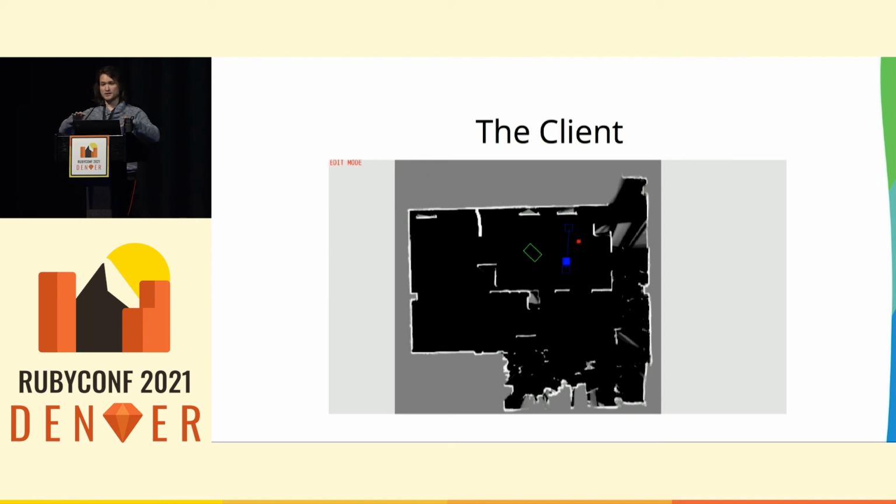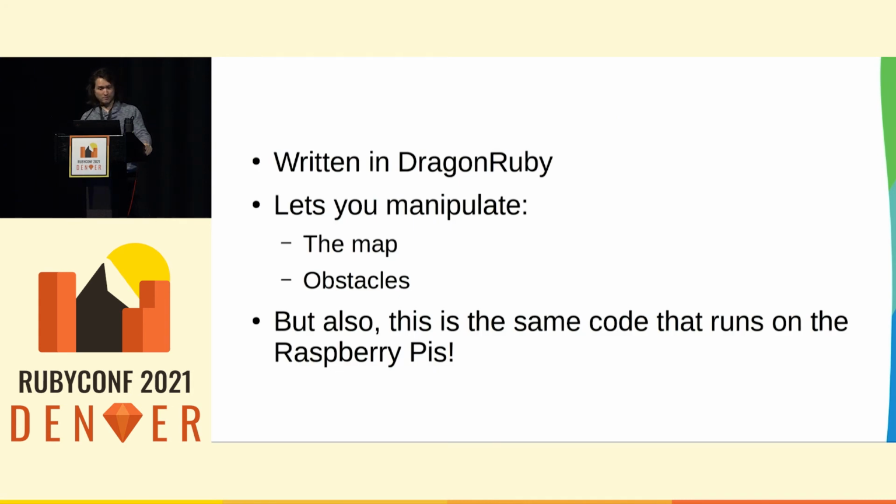And this client is actually the exact same thing that we use to project down onto the floor as well. So the big point here is, it's all written in DragonRuby. You can manipulate everything. Oh, important point, all this actually runs directly on Raspberry Pis as well, so you can keep things very low cost.